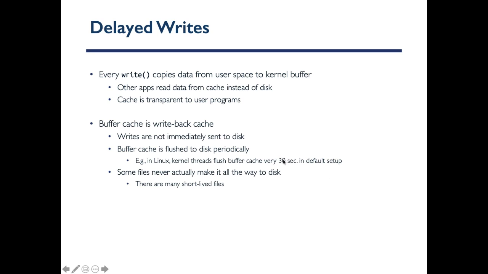So this is also a trade-off, right? If 30 seconds is a lot of time, and if a failure happens, you could lose 30 seconds worth of data. So it's risky. One solution is to just not have buffer caches, as we'll see going forward with reliability.